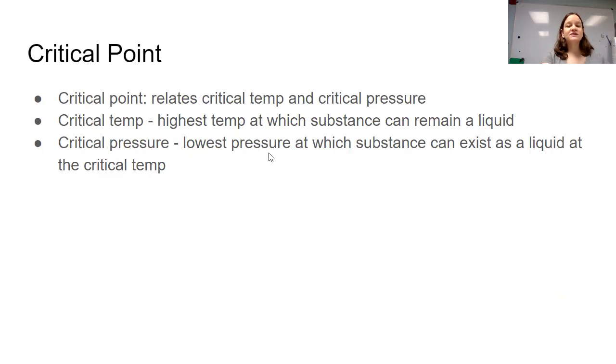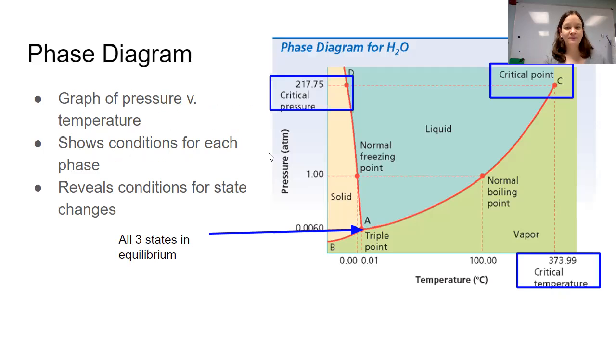The critical pressure is the lowest pressure where that substance can exist as a liquid, at the critical temperature. So the critical pressure for water is 217.75. Okay, so water has to be below a pressure of 217.75 atmospheres and a temperature of 373.99, or it's going to be a gas. You can't have it as a liquid.